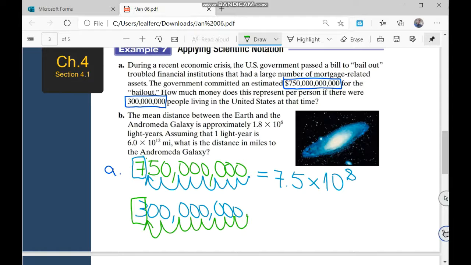Oops, there's something. Oh, I forgot a few zeros here. Let me just fix this. Sorry, I forgot a few zeros on the top. It's billion, not million. Billion. 1, 2, 3. And this equals 7.5 times 10 exponent 11.